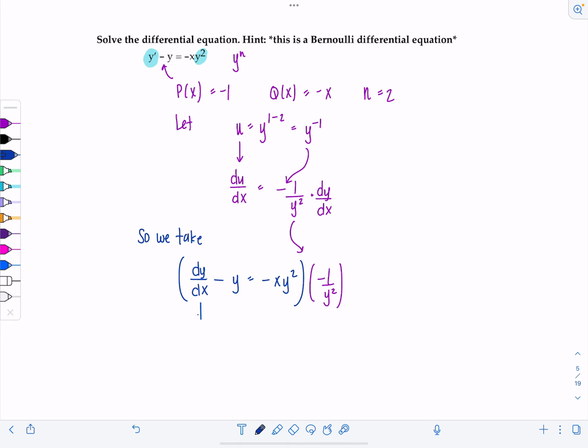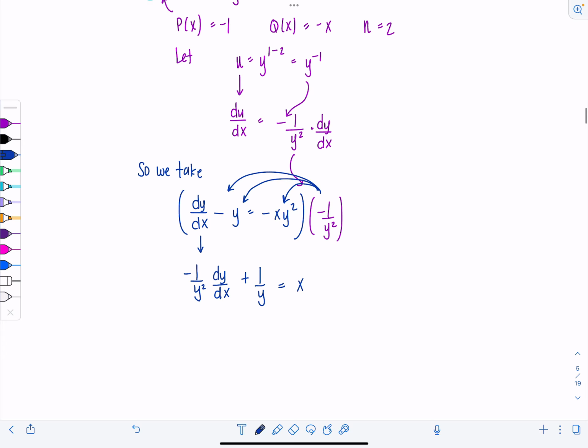So this becomes -1 over y squared dy dx plus, distributing, 1 over y equals positive x. Why is that good? Well, remember, -1 over y squared dy dx is du dx. So I'm going to replace that with du dx.